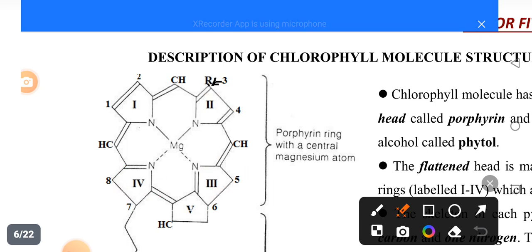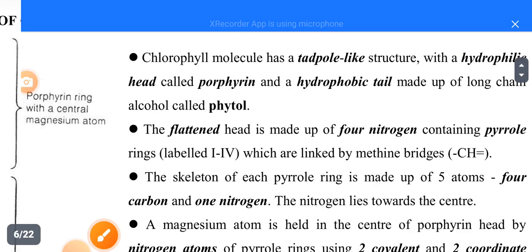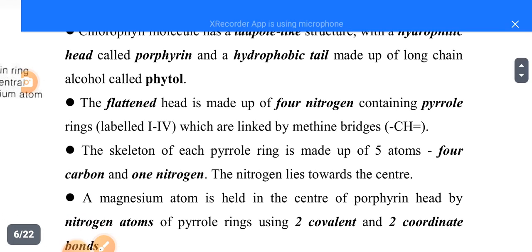Sorry, this is 4, not 5. Those are porphyrin rings. They are saying the flattened head is made up of 4 nitrogen containing pyrrole rings labeled from 1 to 4, as we have seen above, which are linked by the methine bridges.